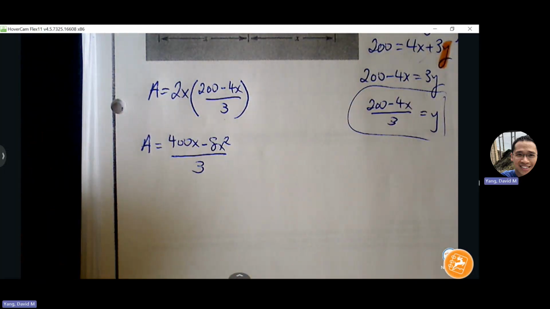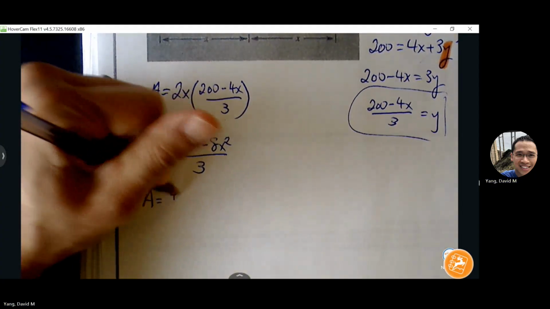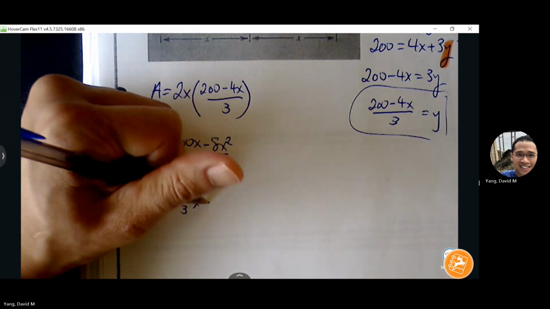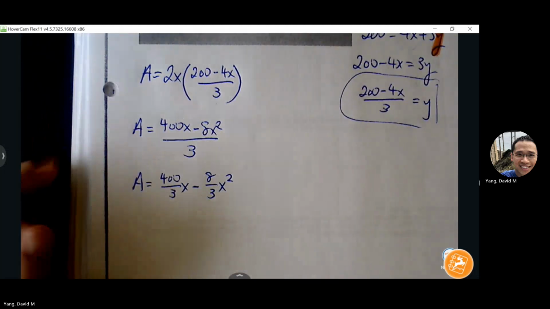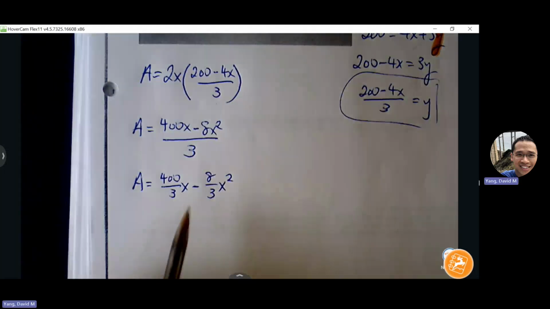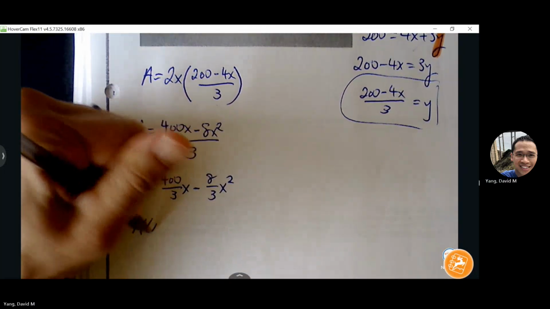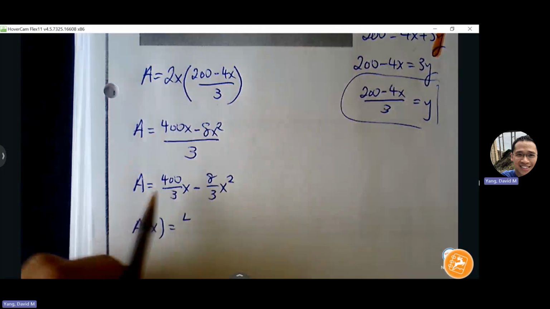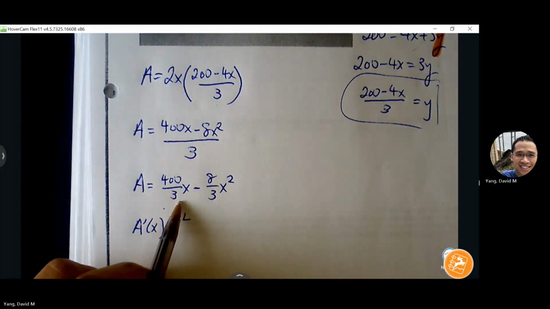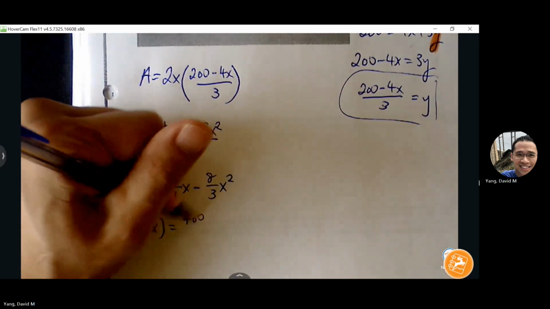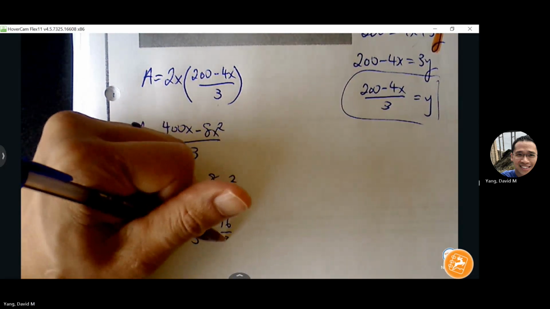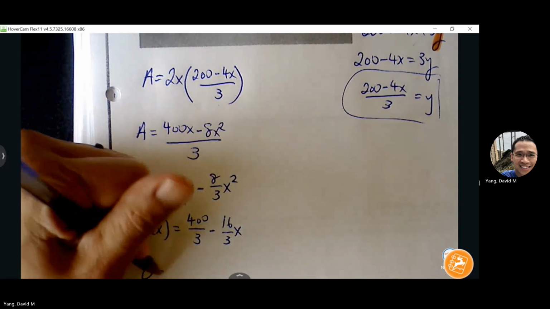Split up into individual fractions, push the coefficients out in front. Is everything nice and clean, ready for power rule? Yep, A prime. What's the derivative of 400 over 3 times x? 4 over 3. Yeah, just the coefficient. Good, yep.